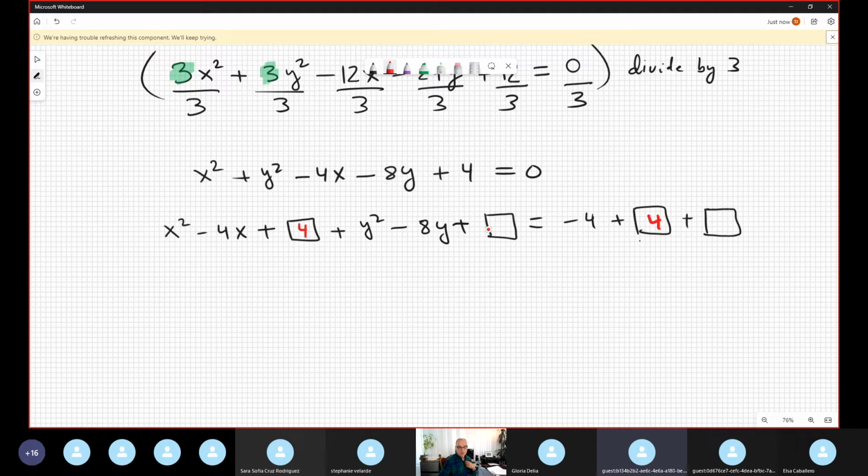And what about the second? 16. Very well. 16, because 8 divided by 2 is 4, and 4 squared is 16. Everyone follow me? Or do I need to give extra explanation?